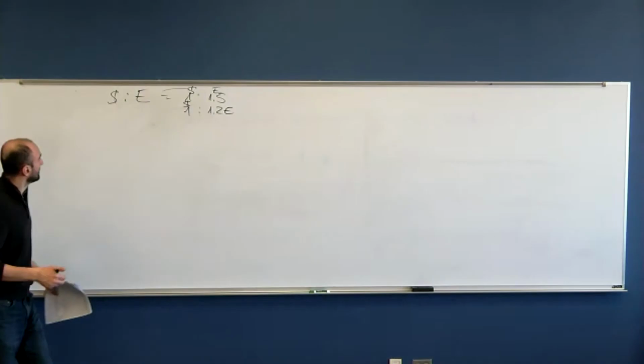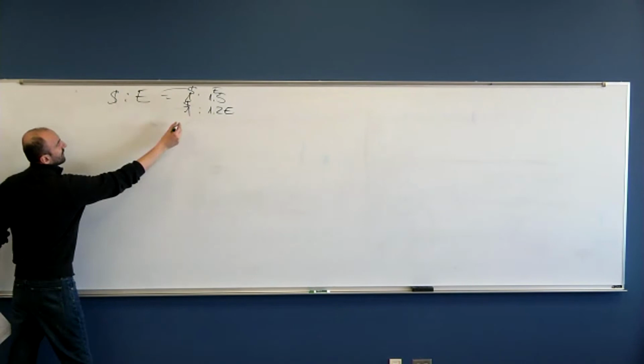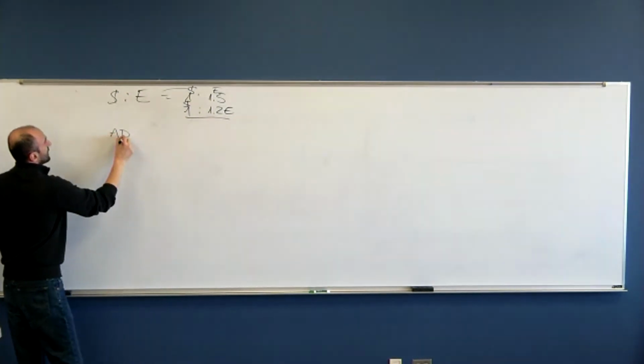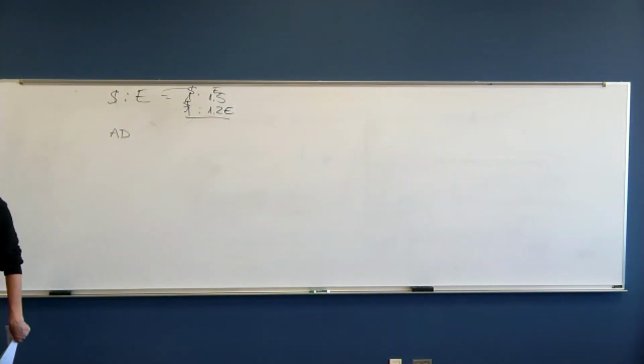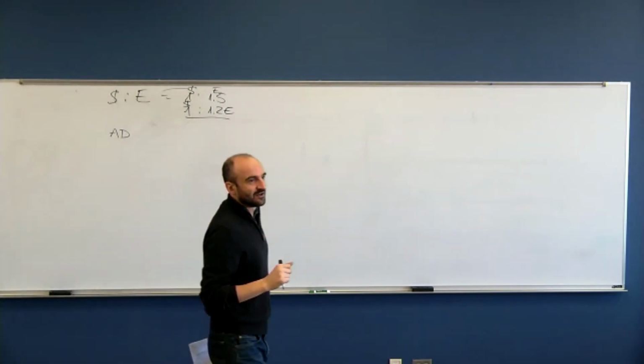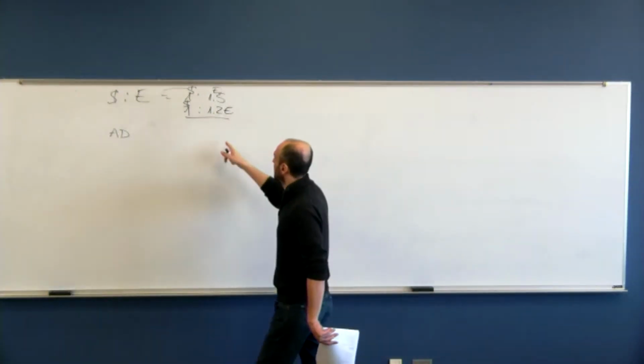Can somebody briefly review this? Can you tell me which component of aggregate demand is influenced by this change? Just one of them. There are I, C, G, and NX. NX here, the net exports. How is it influenced?